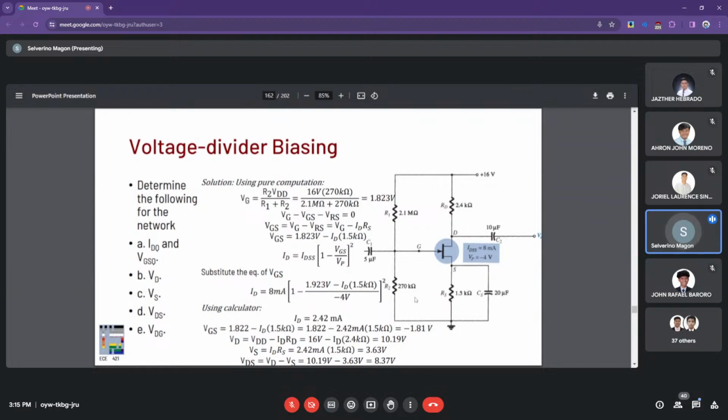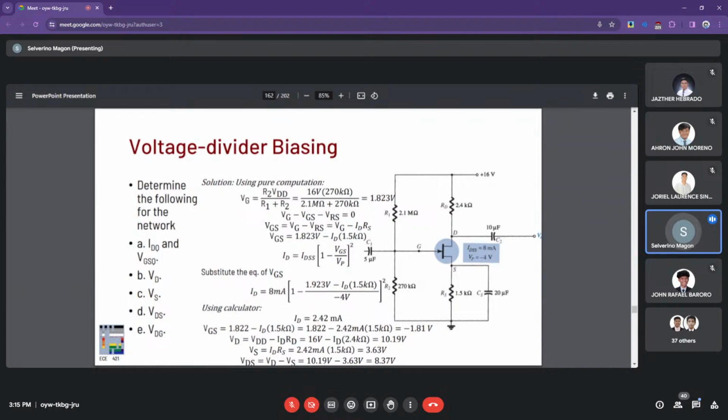Next is we perform KVL to the VGS input loop, the gate input loop. So VG at this point, or the voltage across R2, is the same as that. So VG minus VGS minus the source resistance here is equal to 0. So that's your KVL for this loop.